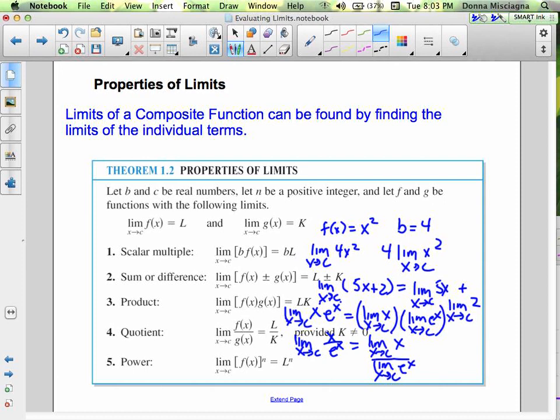So here we don't have to worry because the limit of e to the x is never 0. That's always going to be a positive number. But the limit of a quotient is the same as the quotient of the limits.